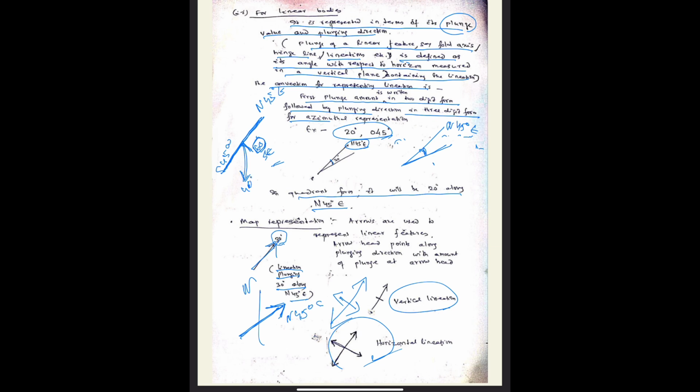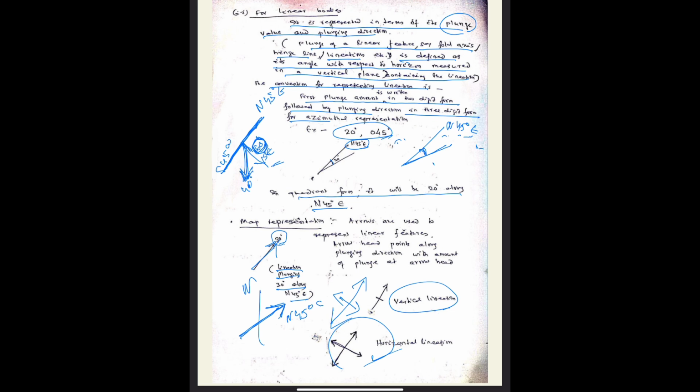In a plane, it cannot be more, because the plane is containing this lineation. So the plunge amount will be less than the dip amount, or it may be equal to the dip. If the plunging direction of the lineation is along the dip direction, then it will be 60. Otherwise, it will be less than the dip value. So we can show the lineations with the arrow line in the planar bodies to indicate the plunging direction and plunge amount.